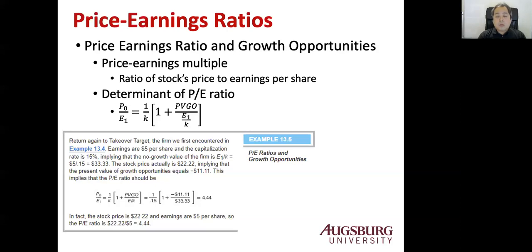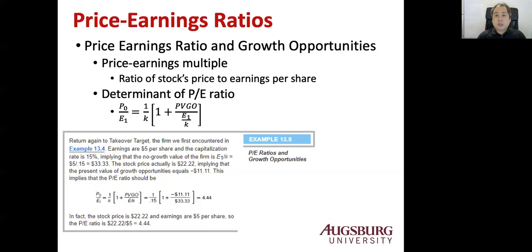So another way to evaluate stock is to use the PE multiples, or any multiples using price, to show the value of the stock. First of all, we try to see the relation between the PE ratio and the growth opportunity.